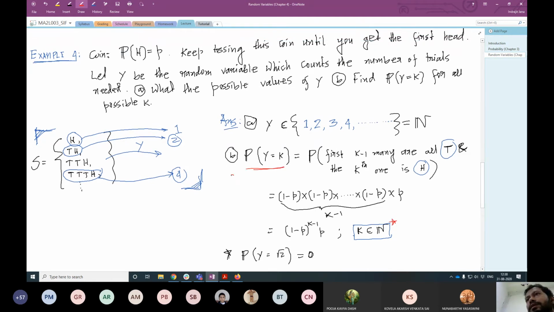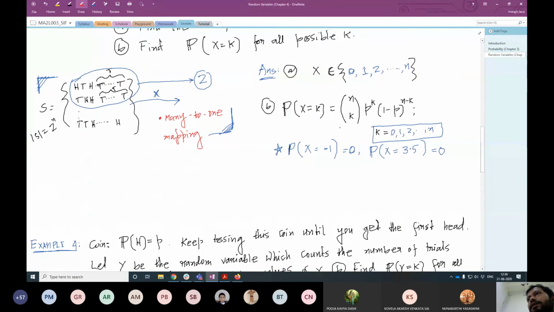For example, in the example that I have given here, this is f_Y(k). So this is the PMF of Y, the probability mass function of Y. In the previous example, also, this was the PMF of X, which was f_X(k).